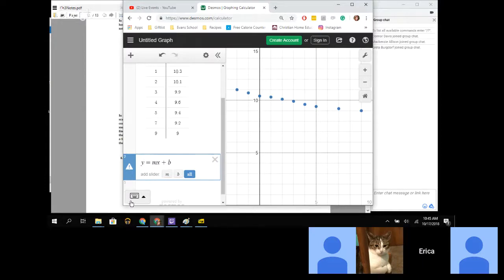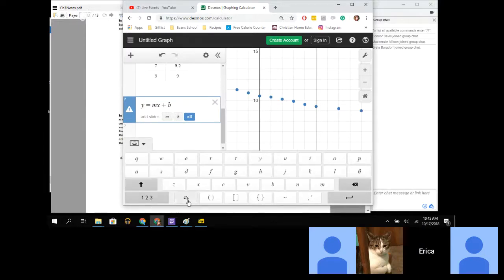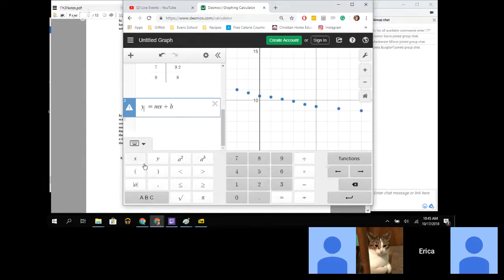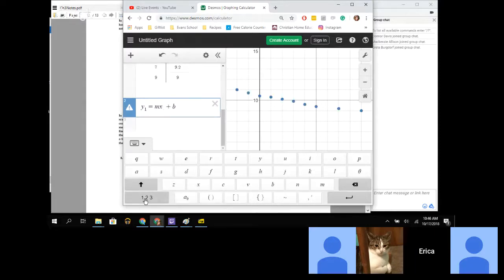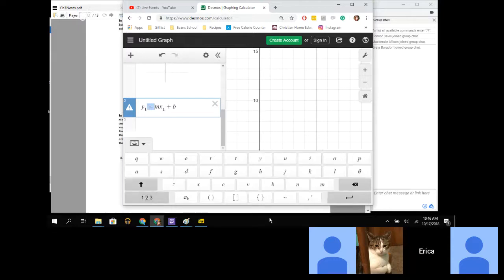We need to tell Desmos that I want to pull my data from x sub 1, because that's where my values are, and from y sub 1. And I want this to not be equal; I want it to approximate my data.